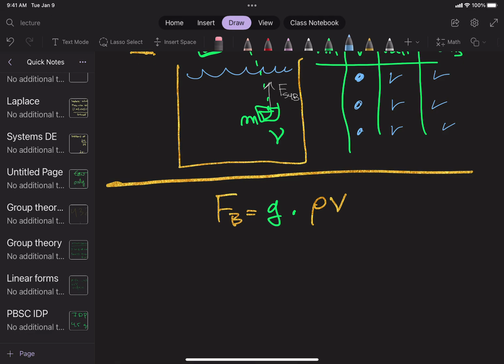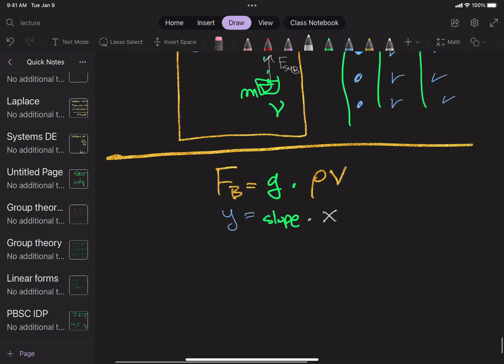Because this way, this is going to have the form y equals slope times x.